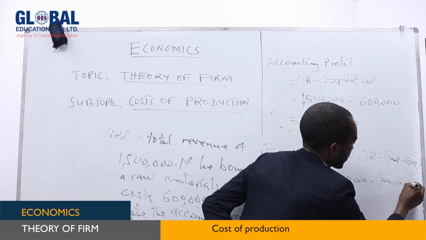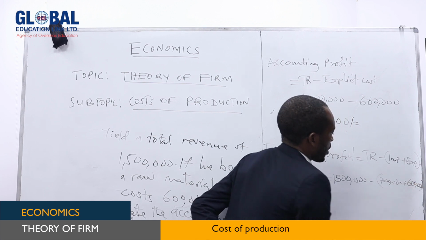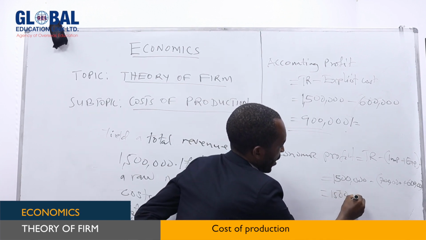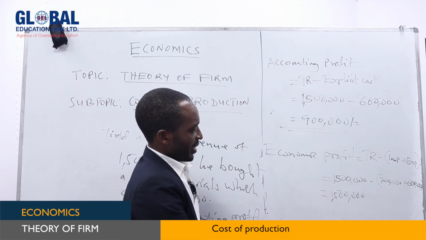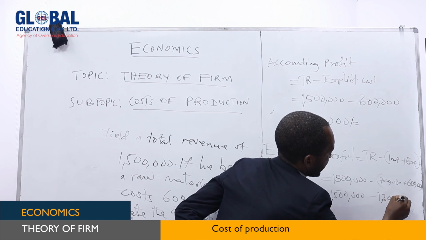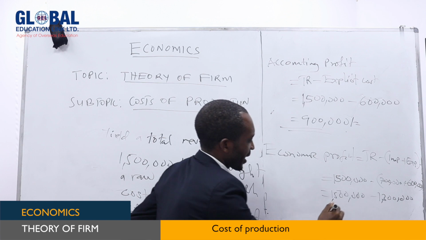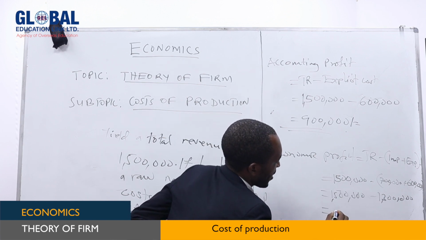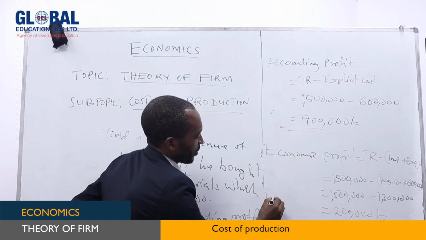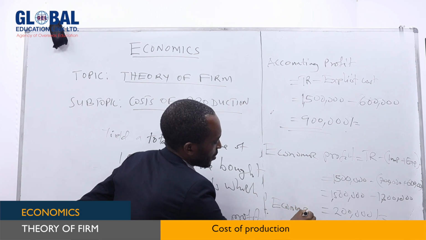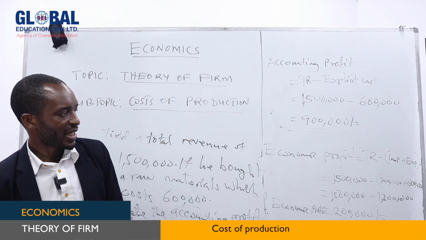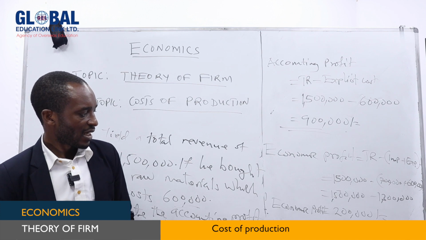So here it will be equal to 1.5 million minus 1,300,000. So when you subtract, you get 200,000. So this one we call the economic profit.